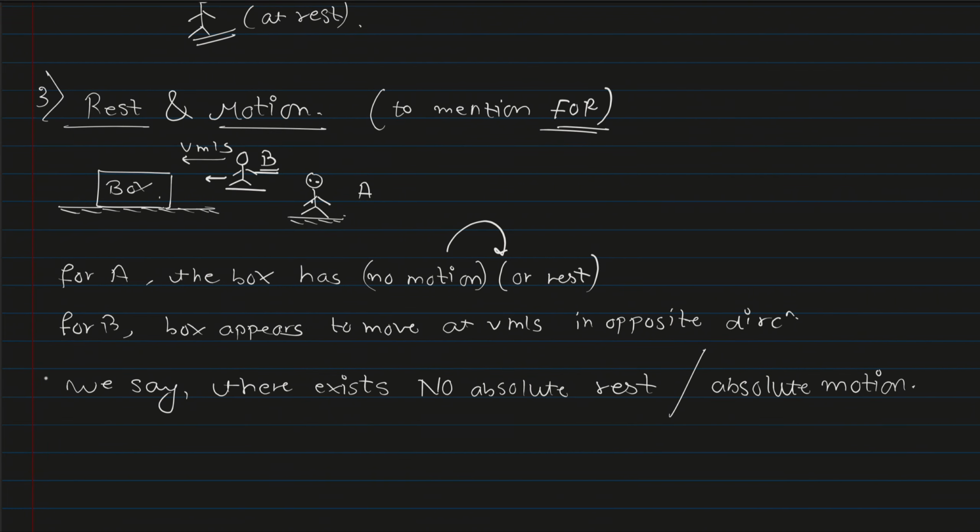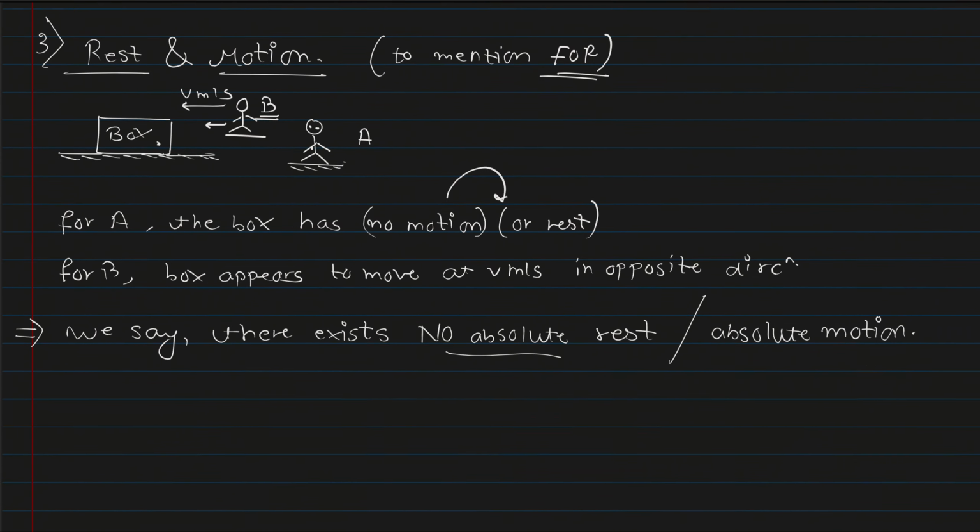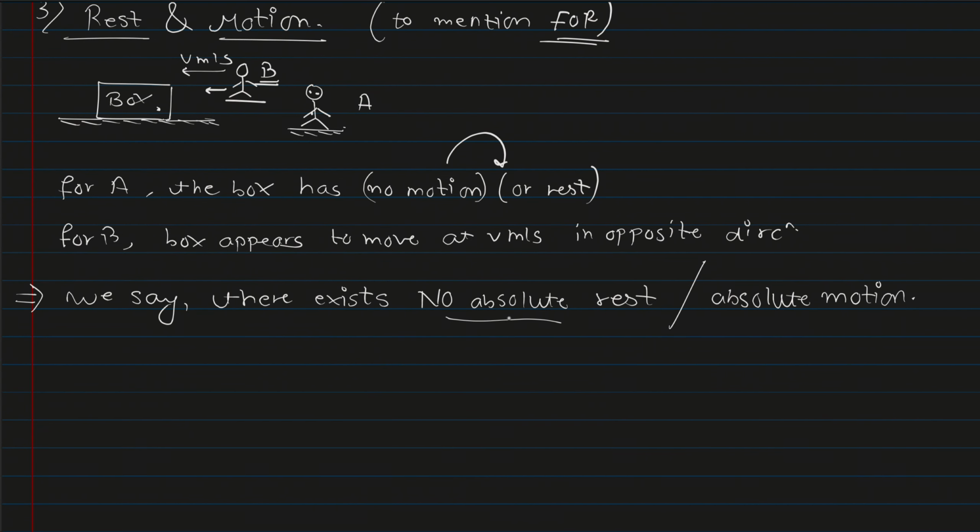From this we infer that there exists no absolute rest or absolute motion, because the same box was at rest for man A, but the same box was not at rest for man B.